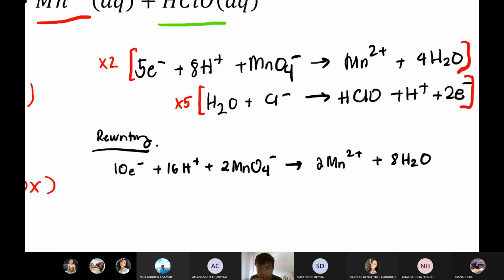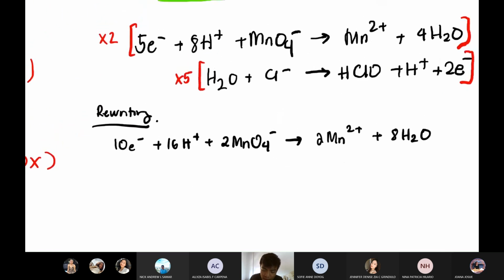Oh, so all the coefficients have to be multiplied by 2. Okay? Para masatisfy yung gusto ni electron. Again, ba't natin to ginagawa? Kasi we need to cancel the electrons later on. Okay? So, hindi natin ginagawa yan para sa wala.